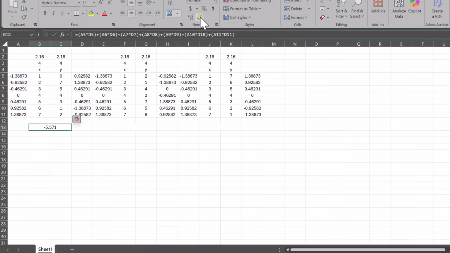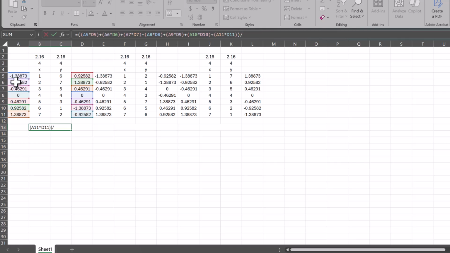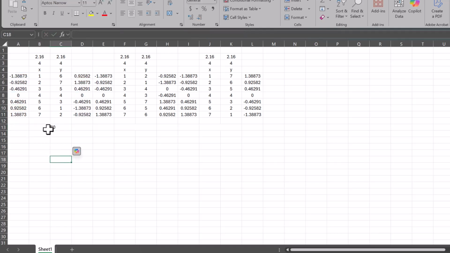Oh, but then take the average of that. So take all of this and divide it by 7.